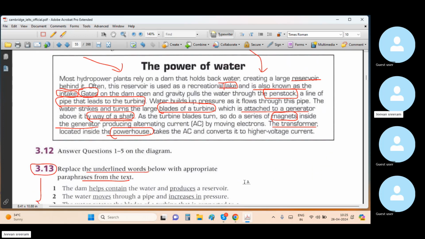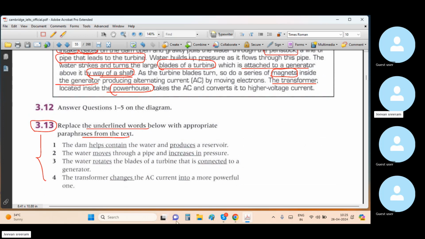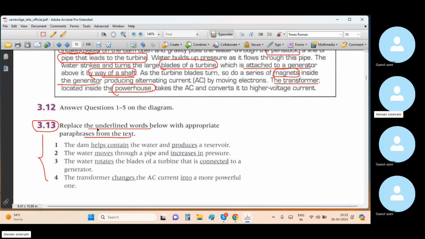The next one is just to check the paraphrases. Replace the underlined words below with the appropriate phrases from the text. In this sentence, phrases other than the ones given in the passage have been used to give the same sense. So these four sentences are actually paraphrased versions of the sentences given in the passage.